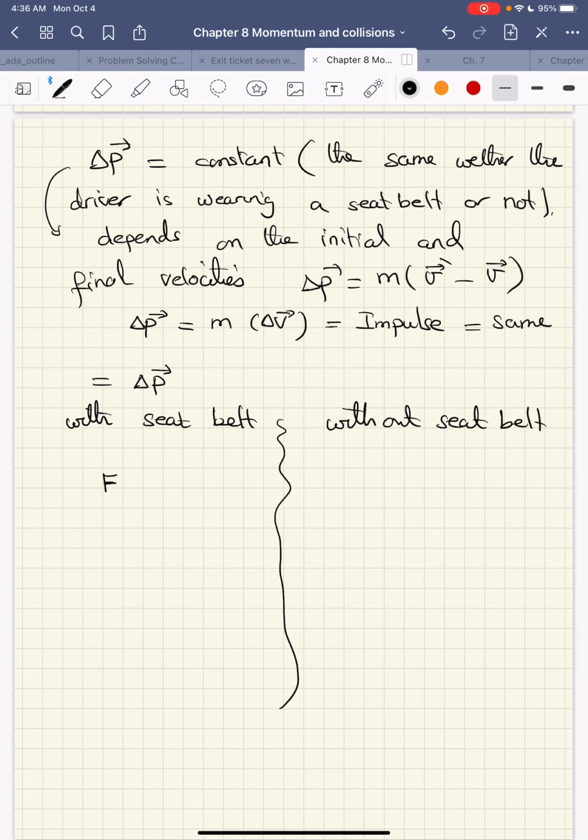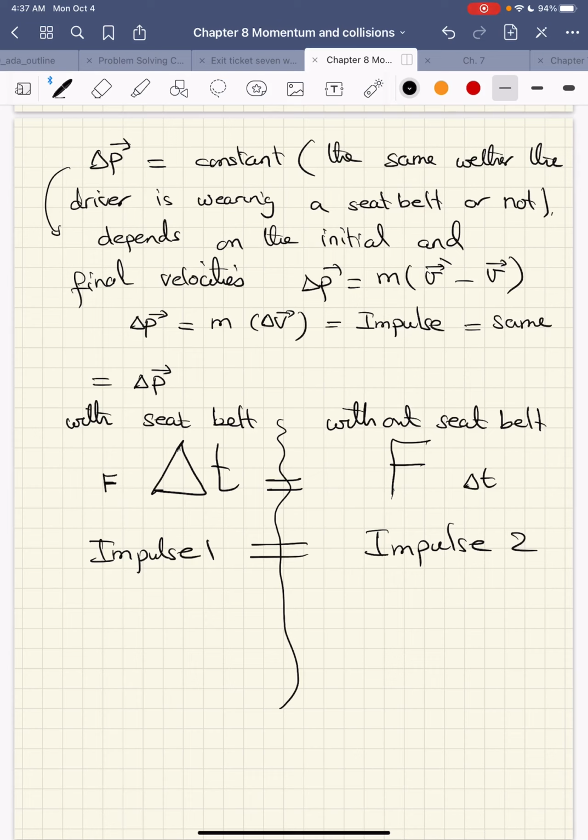The force with seat belt is going to be small because the time is really extended, versus without the seat belt the collision time is going to be short and then the force will be large, so that they will be equal. Because this is impulse 1, which should equal impulse 2. Then I can increase the time of the collision so that I will make it safer for me, which is wearing a seat belt or not having a seat belt.